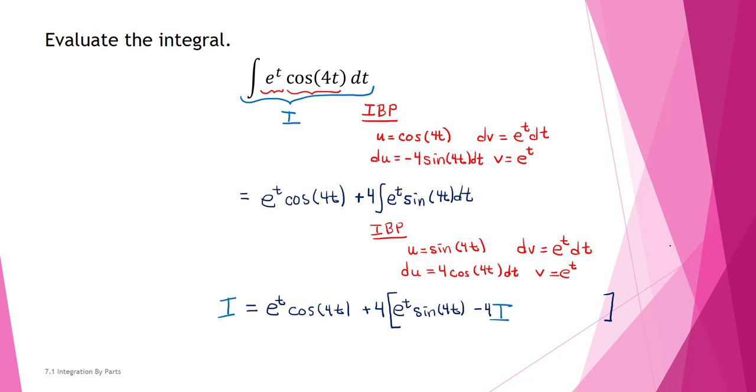And now I can just solve this equation for I. So I is equal to e to the t cosine of 4t plus 4 e to the t sine of 4t minus 16I. Adding 16I to both sides gives us 17I equals e to the t cosine of 4t plus 4 e to the t sine of 4t.